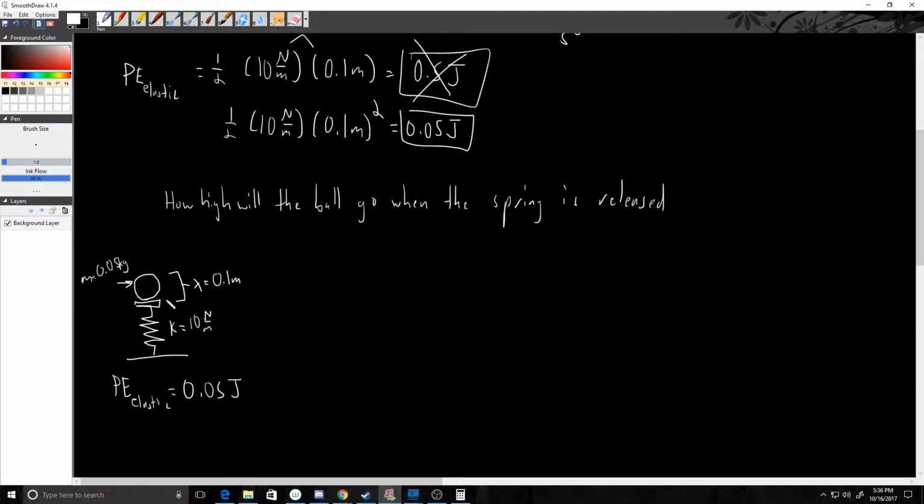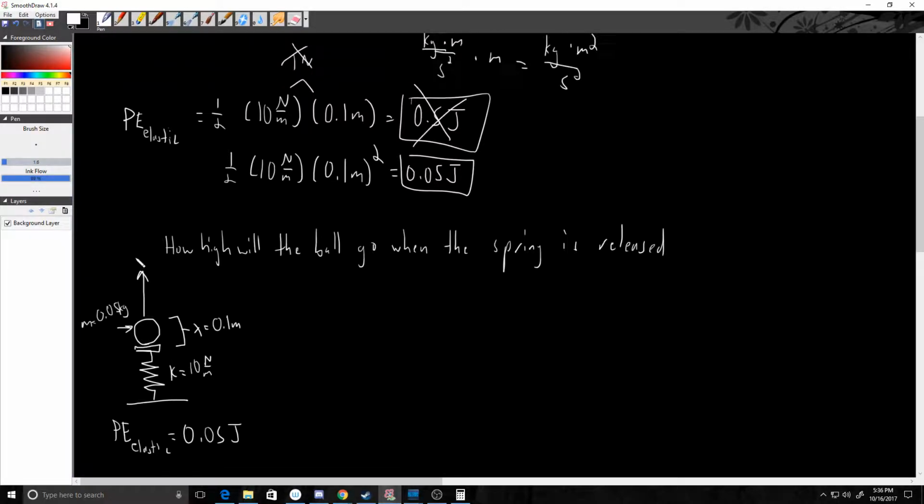When I release this ball, it's going to move up to a certain height. We're going to look at this in an idealized world. Essentially, there's no energy loss from stretching or compressing, kind of an elastic friction, if you will. We're not going to lose any energy to air resistance or friction or anything like that.